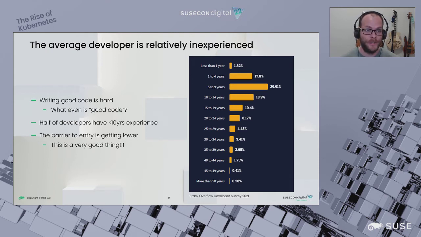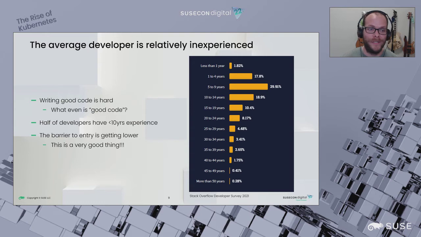Yeah, and I'll throw out that one of the good things of the modern trend is that the barrier of entry to being a developer is getting lower. And this is a very good thing because we do want more people to be able to become software developers and to be able to have their voice heard in this community. So there's a lot of positive benefits to the fact that we are getting more people into the industry and more diversity into the industry.